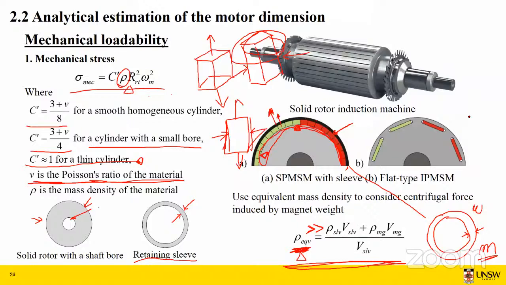The other case is we could have a more complex interior permanent magnet synchronous machine. This is the most basic version of an IPM-SM machine, called the flat type. In this case, you cannot apply this equation anymore, because the stress near the iron bridges is normally much, much higher than the stress calculated using this equation.